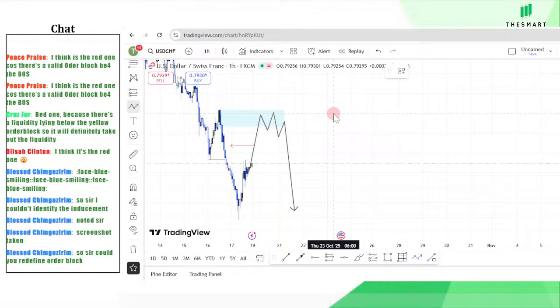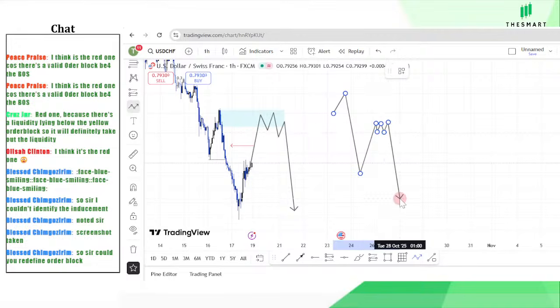That's why I say it's a zone. You see this accumulation before you see this drop. You see the price will come and accumulate at this point before it drops. So this point is your order block.